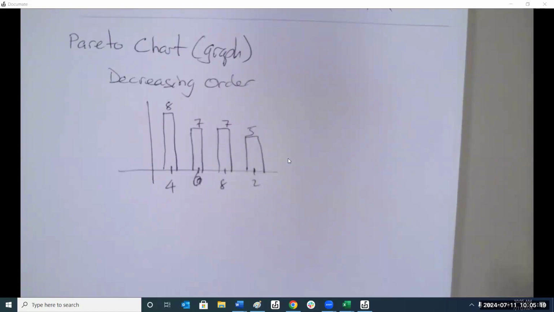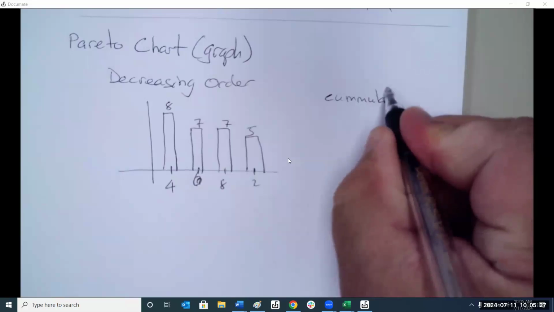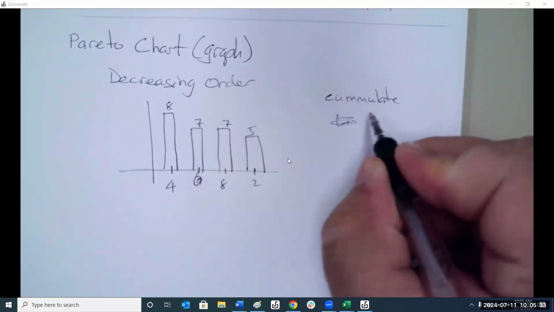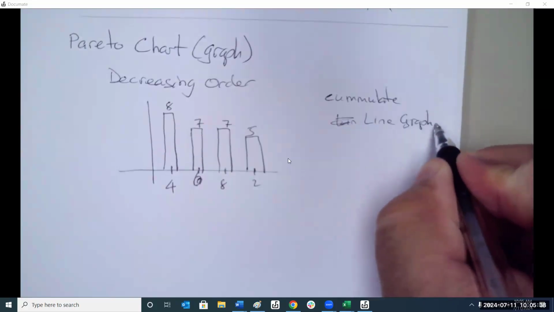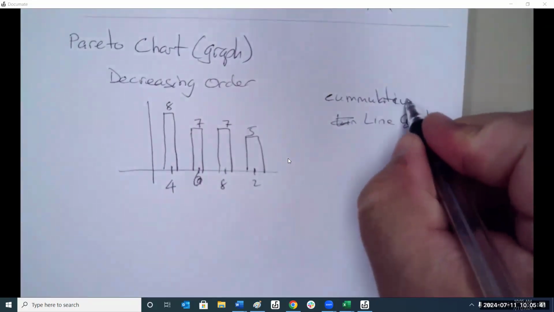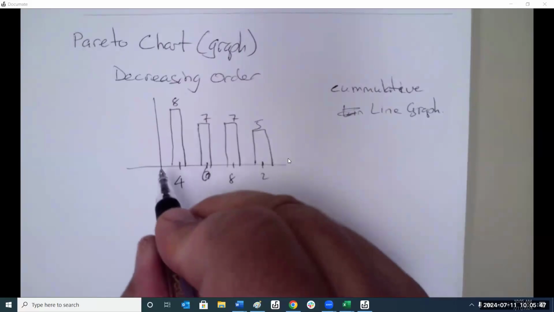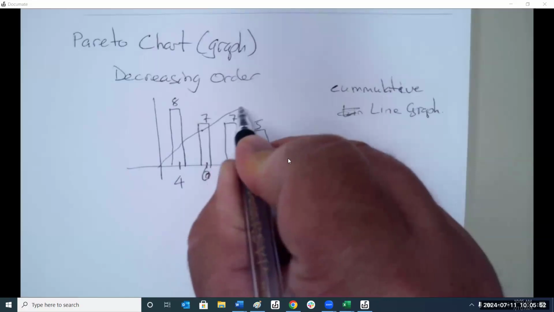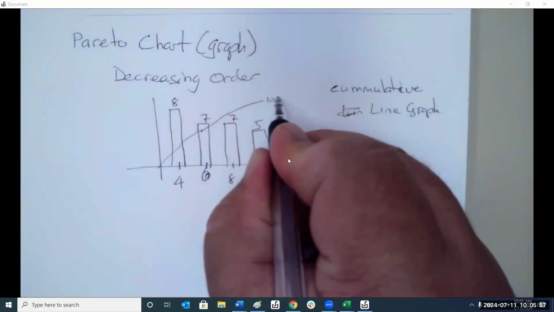Typically, a Pareto chart is accompanied by a cumulative frequency line graph. In other words, what happens is, overlapped on the same graph, you'll see a graph that mirrors 100% of the data.